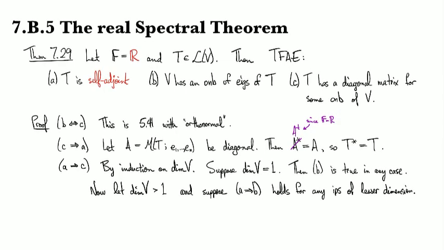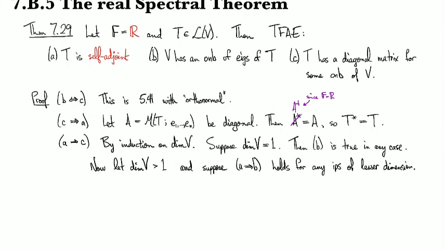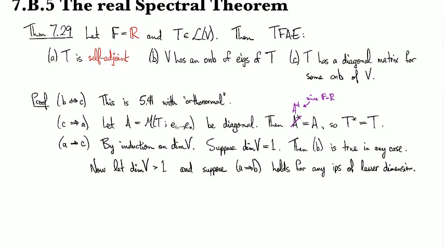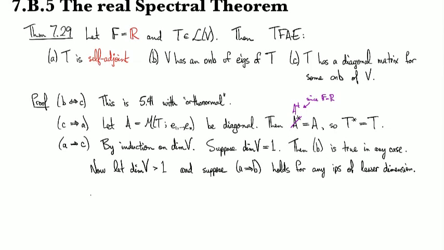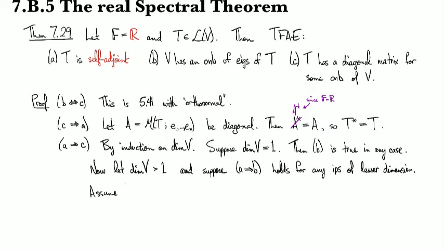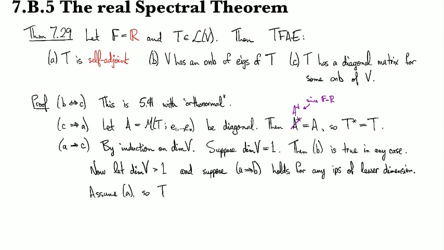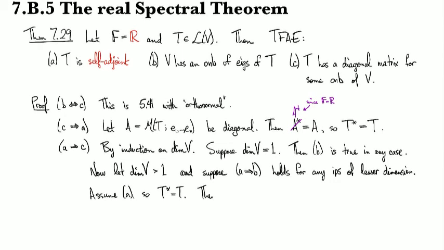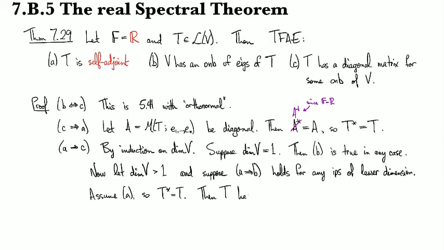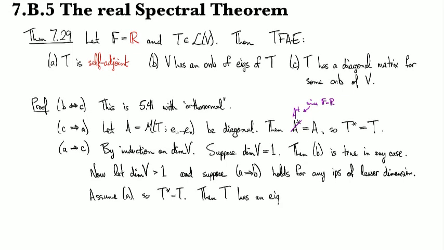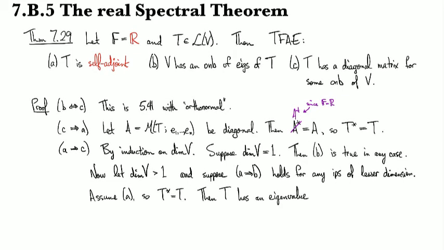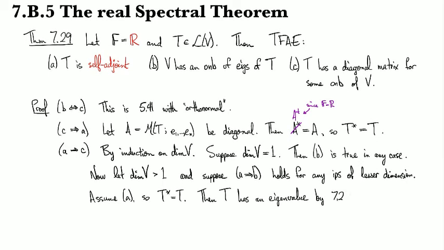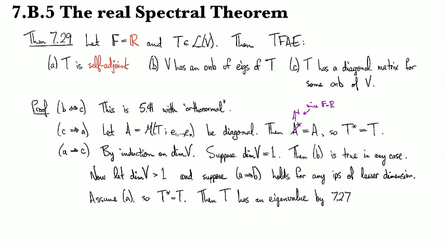Okay, so now let's see. We are going A implies C, so we have that T star is equal to T. Well, then T has an eigenvalue because we just proved it. That was what 7.27 was all about.